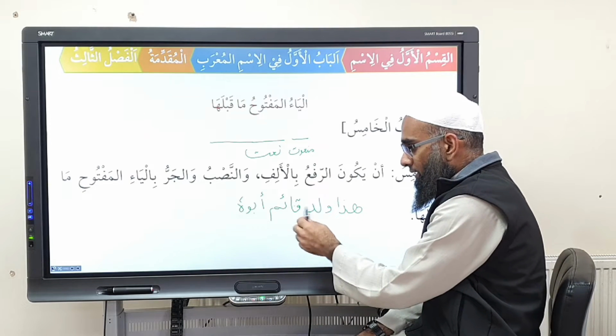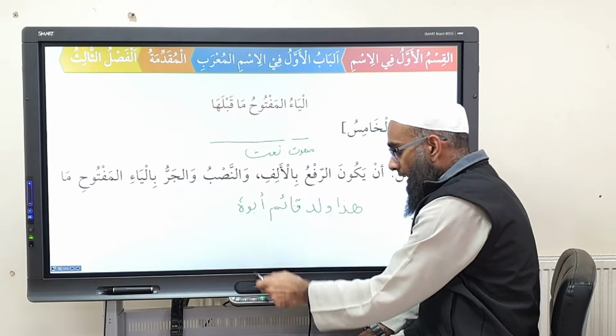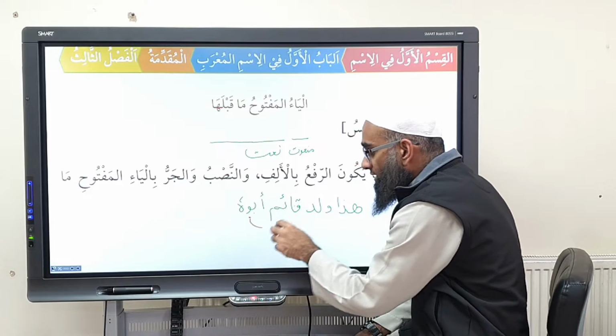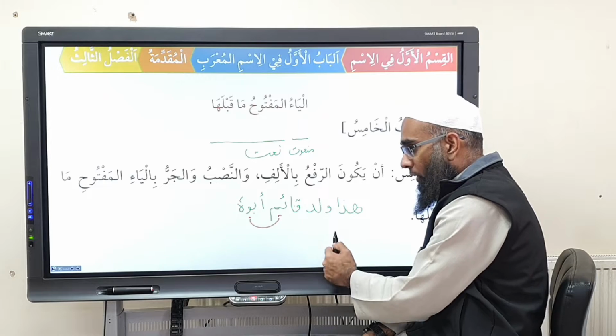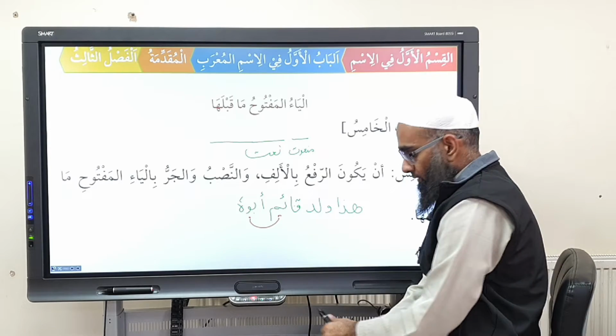This is a boy. قائم is the ism al-fa'il. أبوه is the fa'il of this ism al-fa'il. His father is standing. So this is a boy whose father is standing.